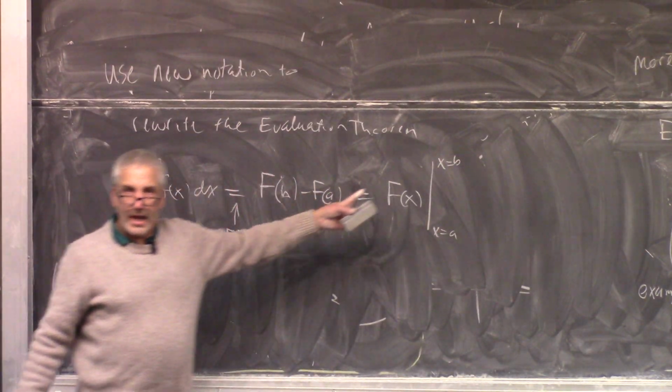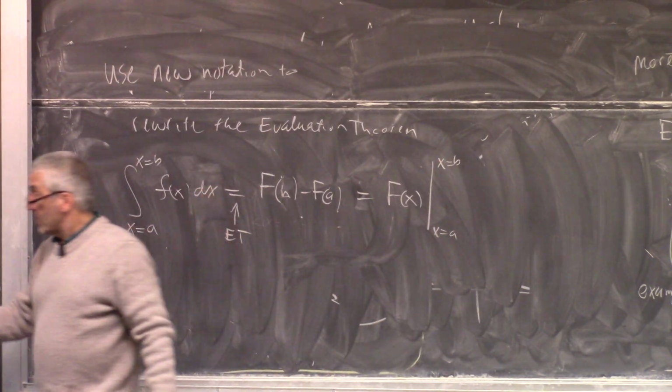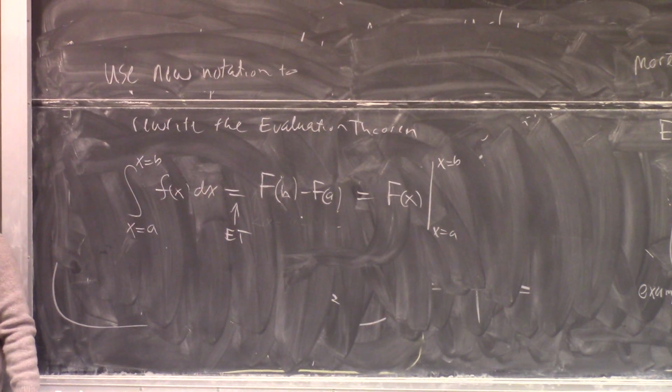But remember, capital F is any antiderivative. And a symbol that we can use for antiderivative is this thing.